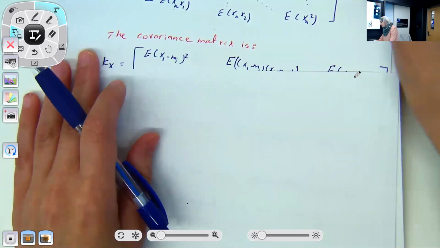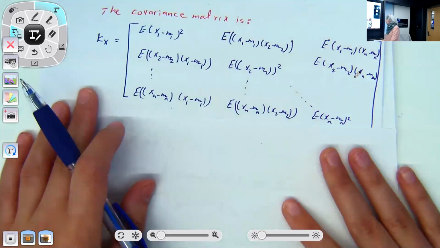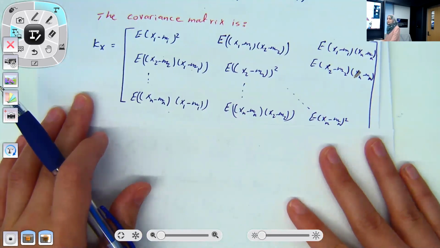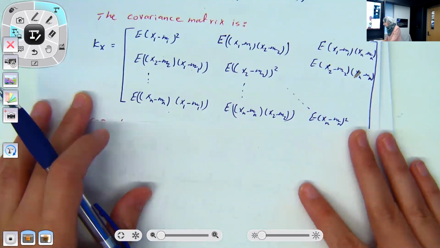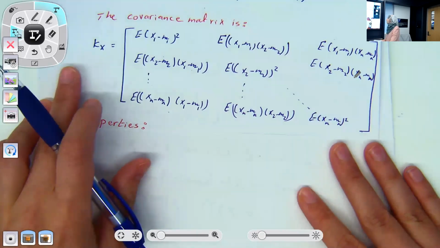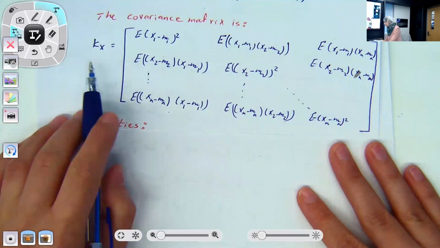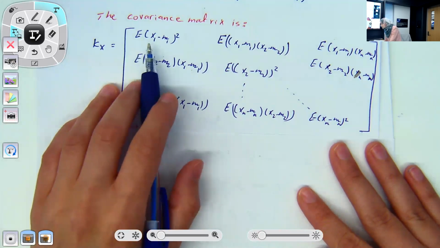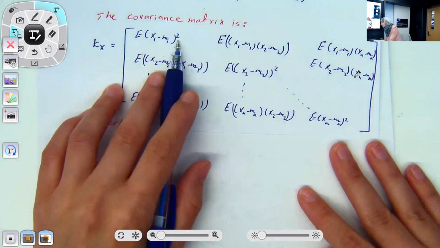And if we define the covariance matrix, we talked about the covariance matrix before, but just for 2 by 2. Now, if we have an n by n matrix, the covariance matrix, we can call it K. This is equal to the expected value of (x1 minus mu1) squared.